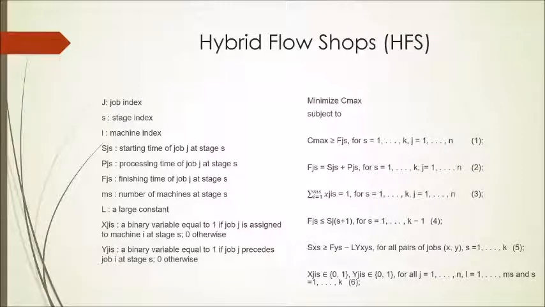Constraint number 4 ensures that each job can be processed at the current stage only after it has been completed at the preceding stage. Constraint number 4 and number 5 together require that each machine can process only one job at a time, and that the startup time of the current job must be greater than the finishing time of the preceding job. All the decision variables are integers, so the model is an integer programming formulation.